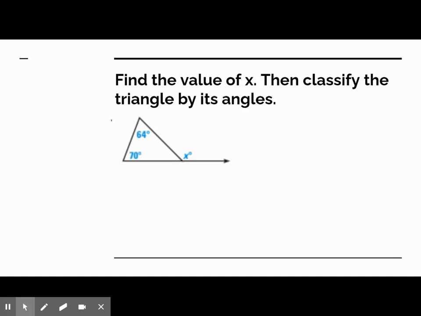Perfect. The missing angle is 134 degrees, and then the triangle would be acute because this angle here would have to be 46 degrees. So since they're all less than 90, it's acute. So 134 is the exterior angle, and it's an acute triangle.